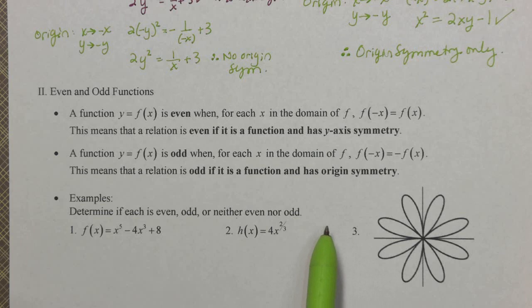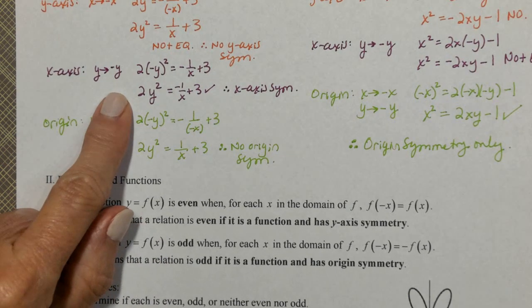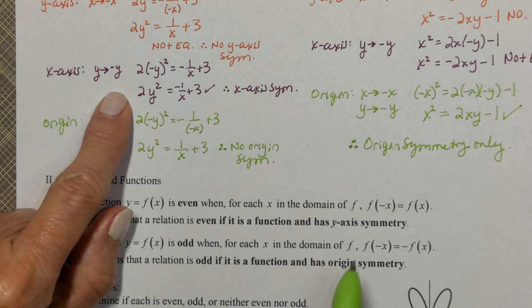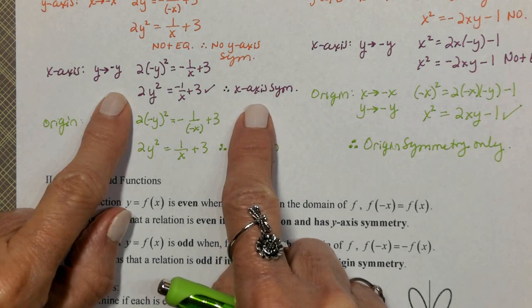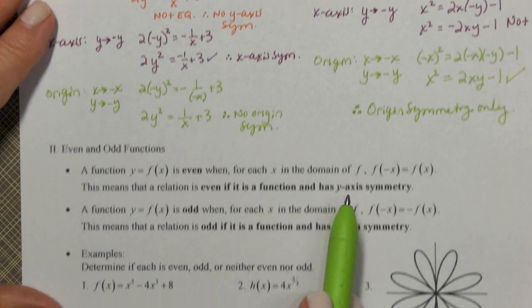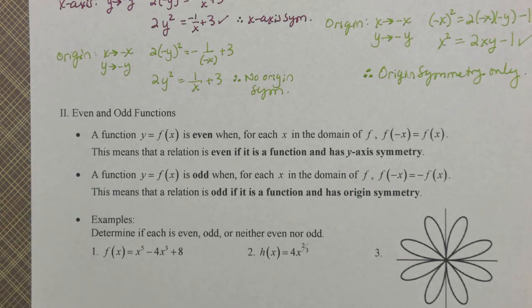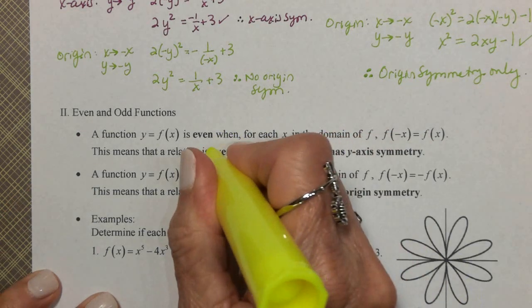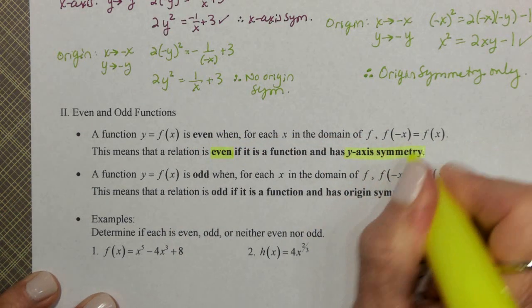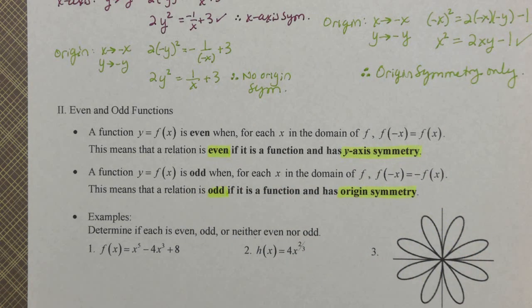Remember, you guys, if you have x-axis symmetry, you do not even have a function. It is impossible to have x-axis symmetry and be a function. Can't do it. Even means y-axis symmetry. Even is y-axis symmetry. Odd is origin symmetry. Okay? Plus it has to be a function.